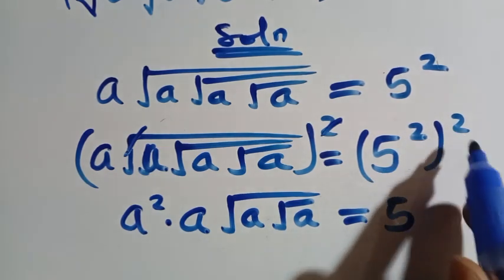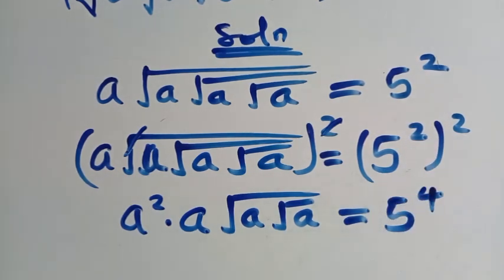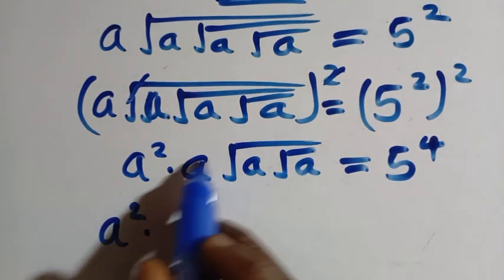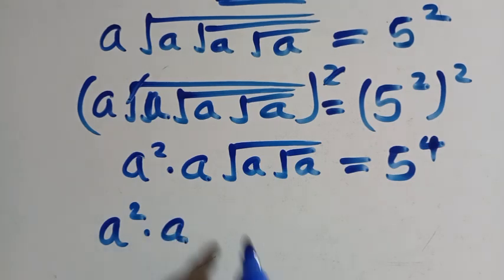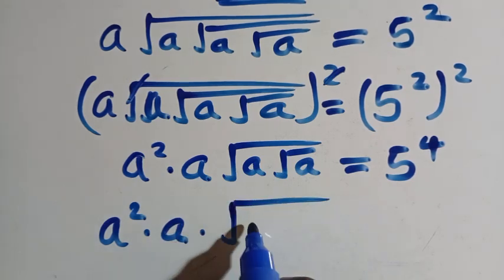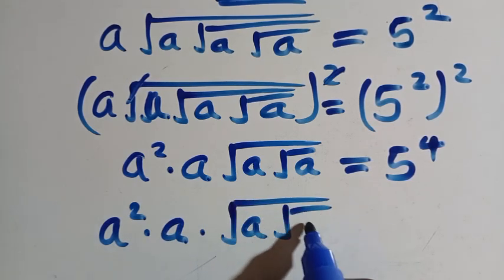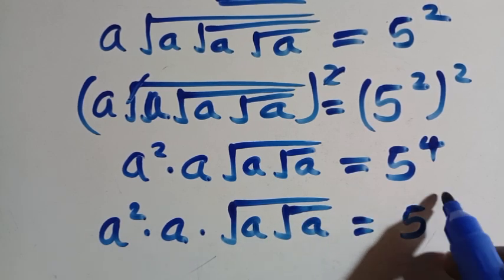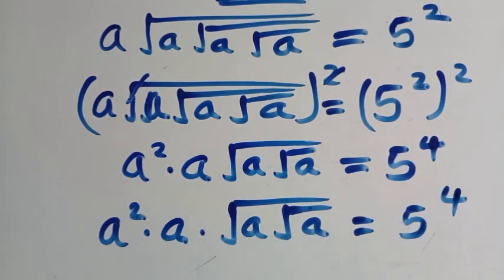So 2 multiplied by 2, that is 4. And from here, we can see that we have a squared multiplied by a, then multiplied by the square root of a multiplied by the square root of a equals 5 raised to the power of 4.